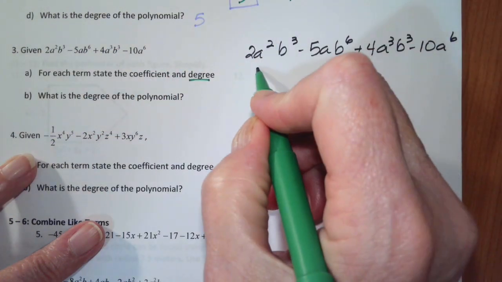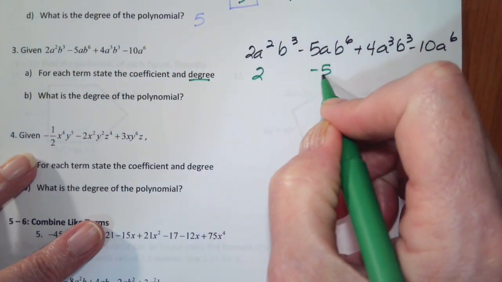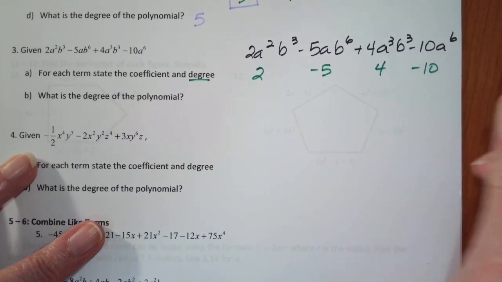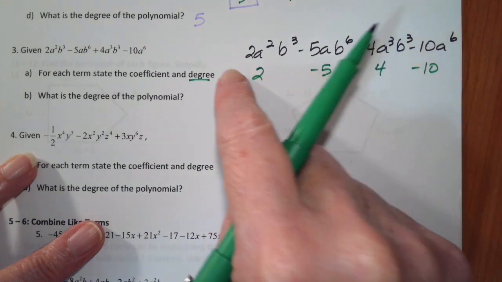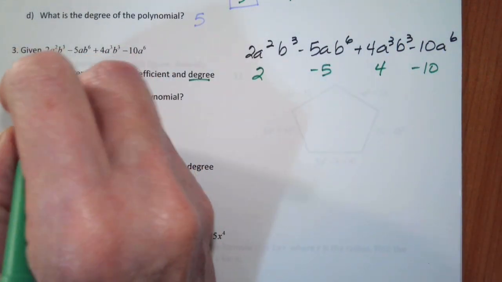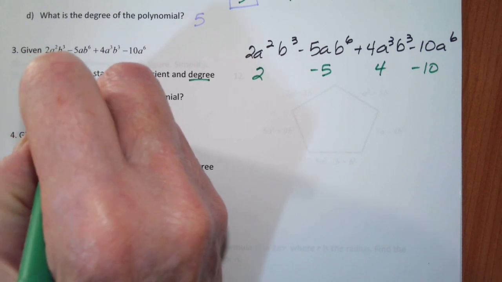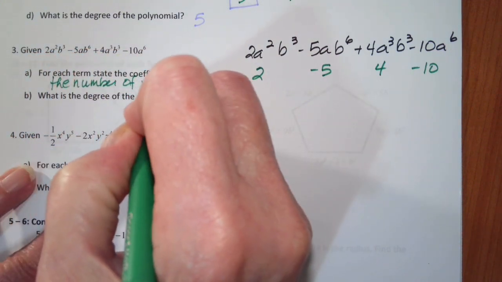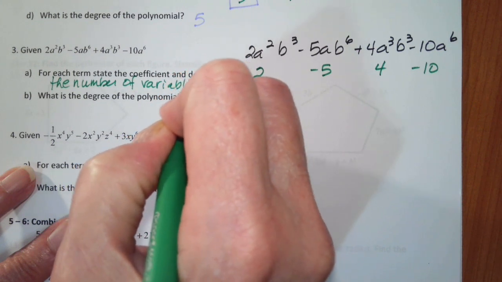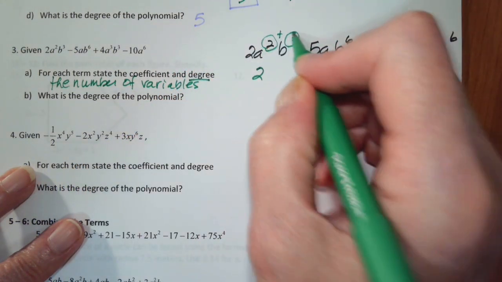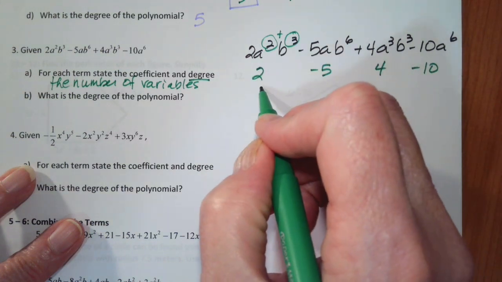So the coefficients are easy. 2, negative 5, 4, negative 10. But now for the degree, it is the number of variables. So there are 2 a's and there are 3 b's, so the degree of this term is 5.